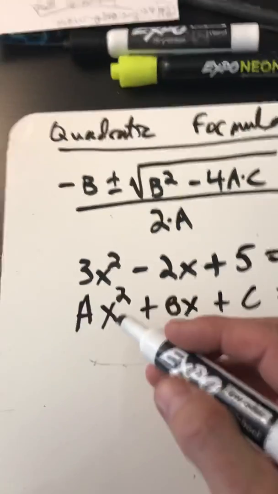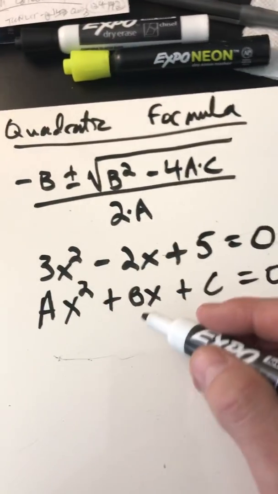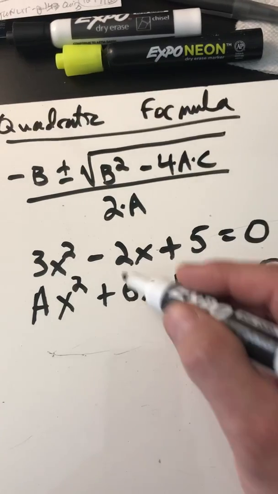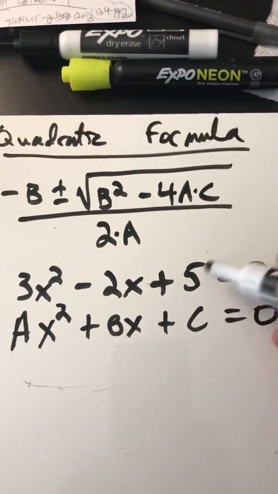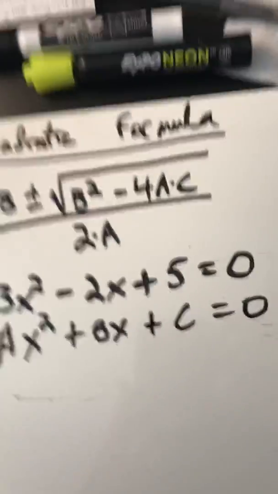The number in front of x squared is going to be a, the number in front of x is going to be b, and the last term is c.